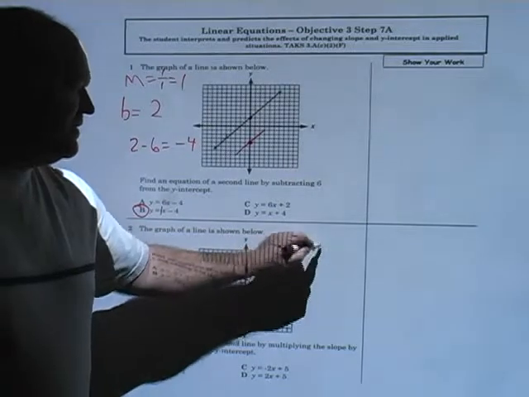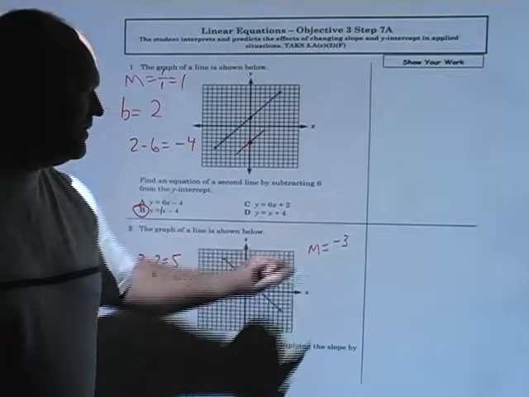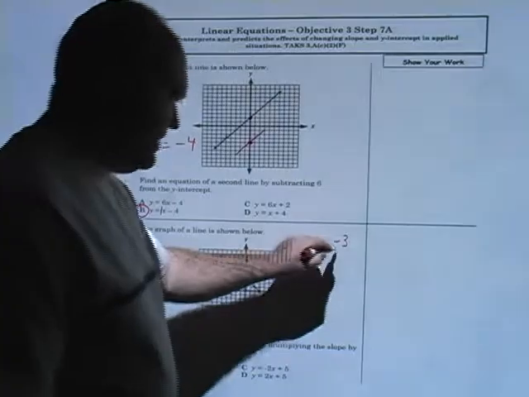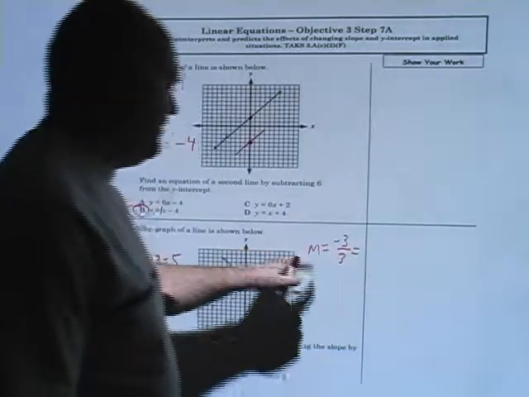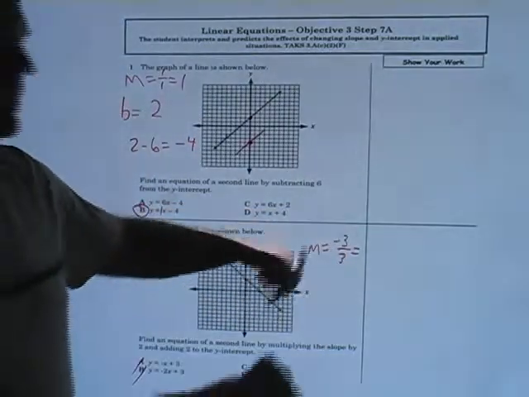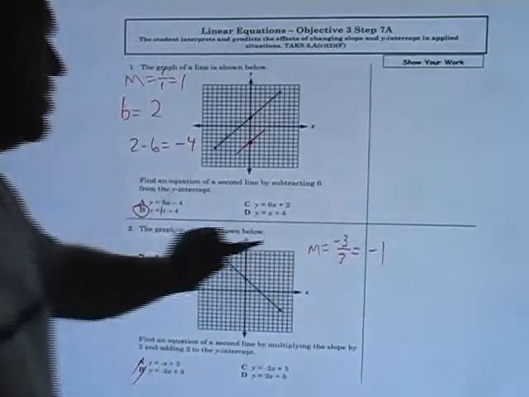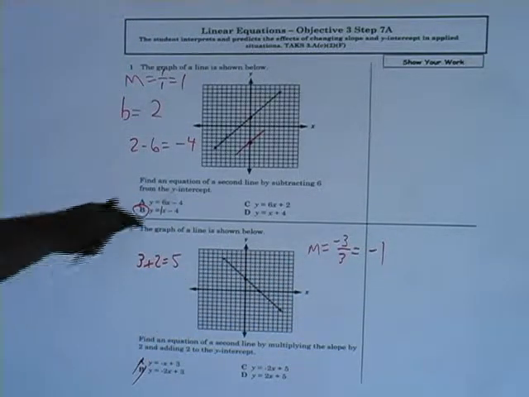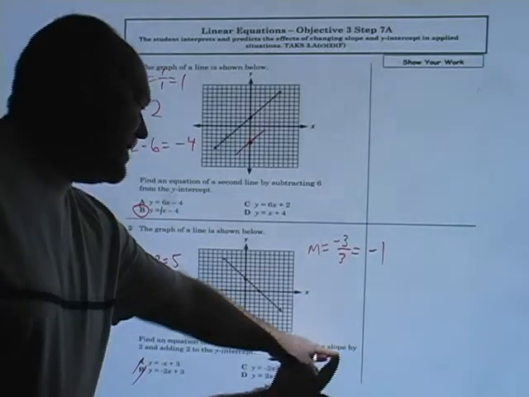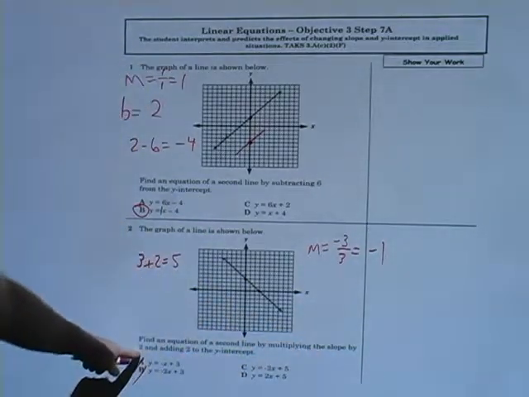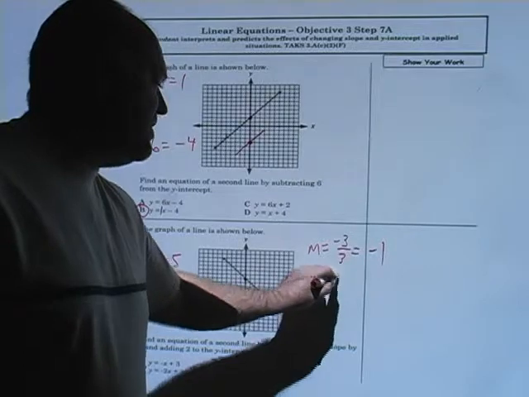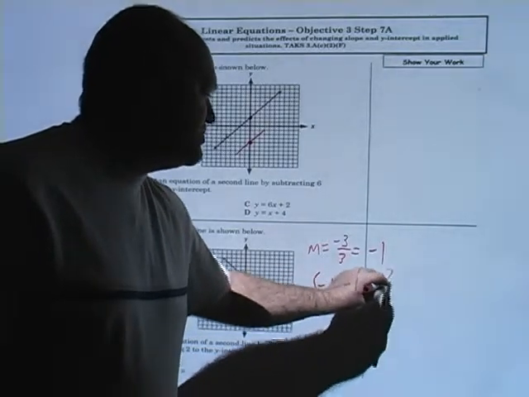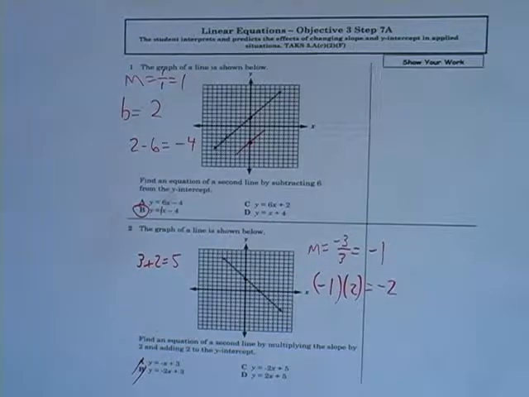That's down 3. And my run is 1, 2, 3. Okay? -3 over 3 is -1. That's the slope of that line. So we need to multiply that by 2. So -1 times 2 equals -2.